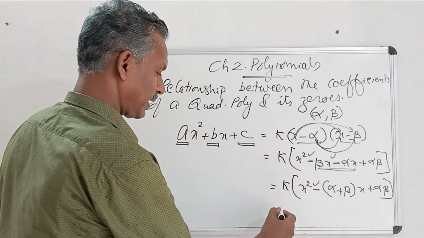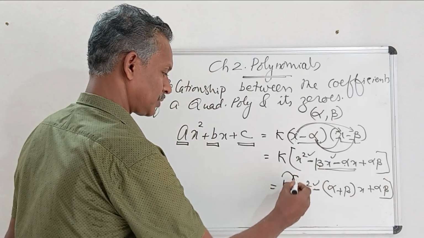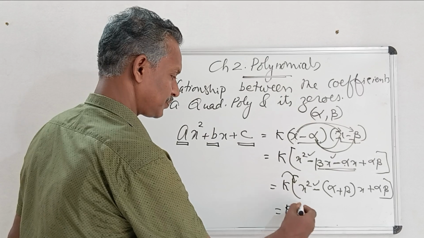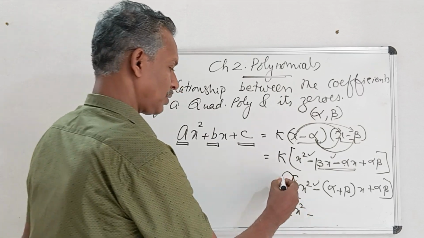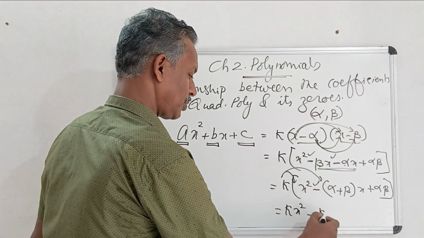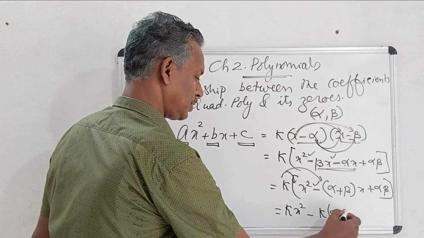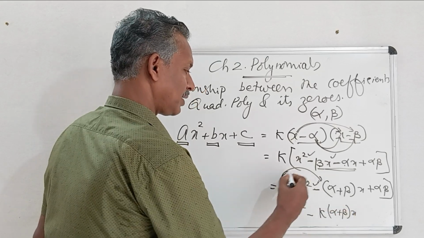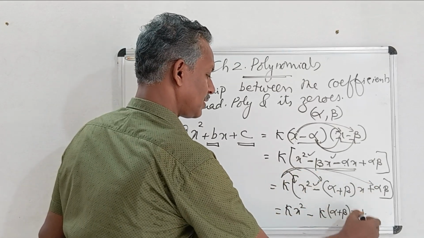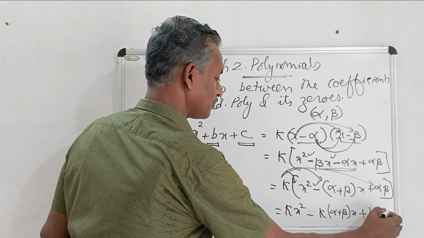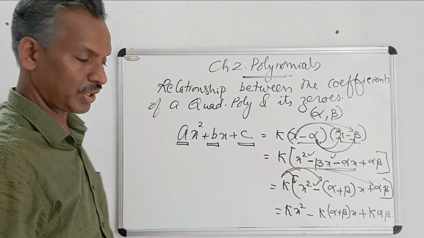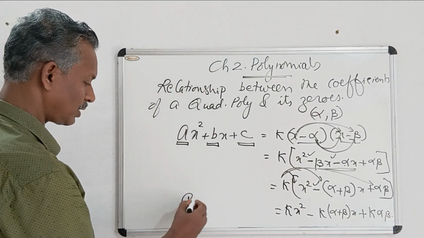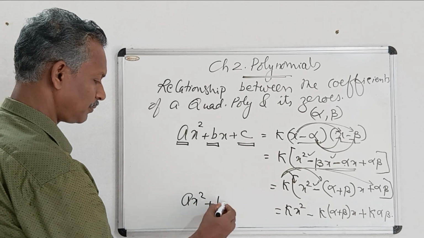And you open the bracket with k into x square, it is kx square minus k into alpha plus beta into x, and k into alpha beta, that is k alpha beta. This way you can write, and this is equal to ax square plus bx plus c.